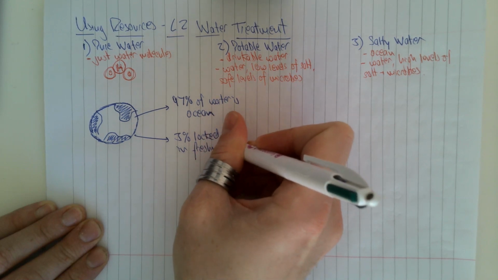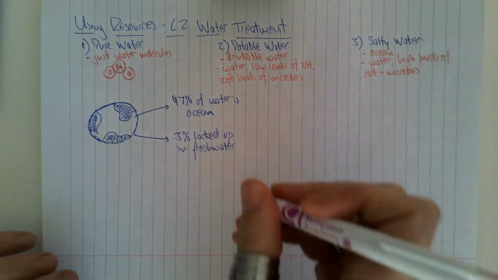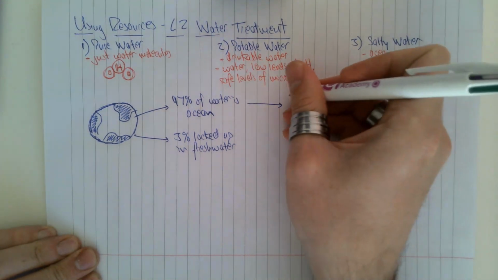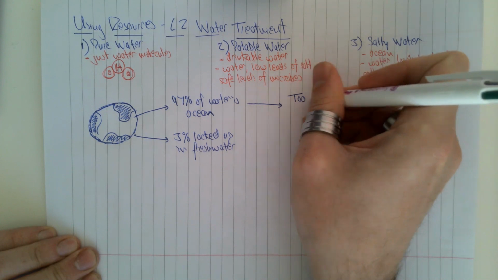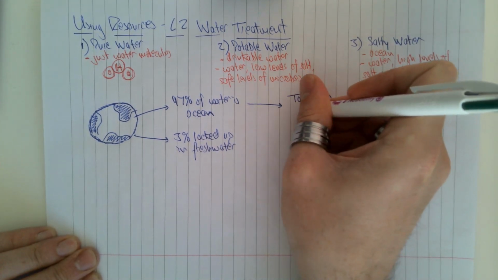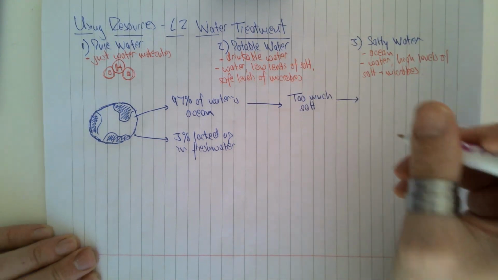The question is, how do we obtain water from both of these and make it useful for us to use and to drink? So the first thing to bear in mind, as we've spoken about already, is that ocean water by itself contains too much salt. By itself, it's not safe to drink.